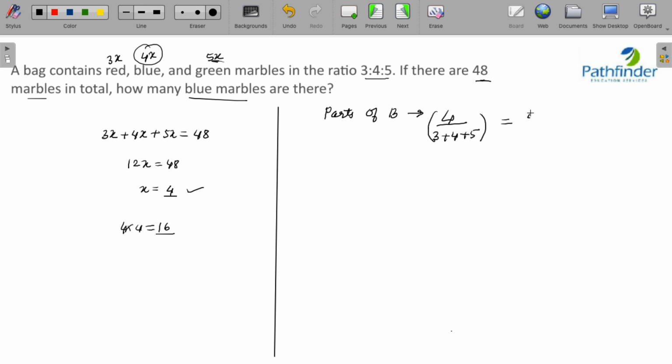That is 4 upon 12, which is 1/3. So 1/3 of the marbles are blue. So what we can simply do is number of blue marbles, that is B, is 1 by 3 into 48, which is equal to 16.